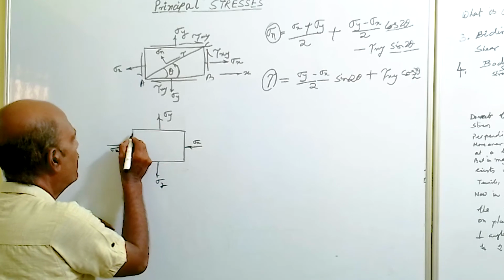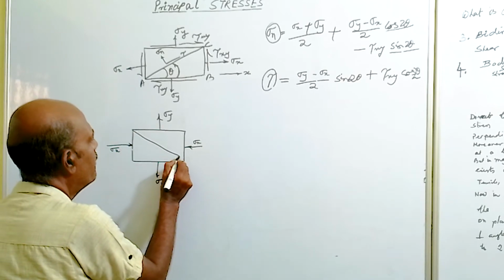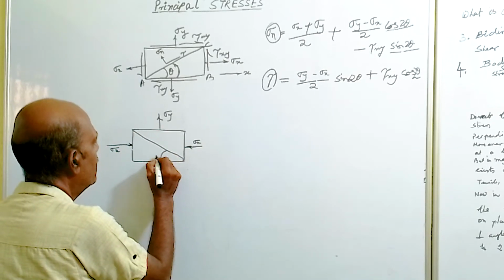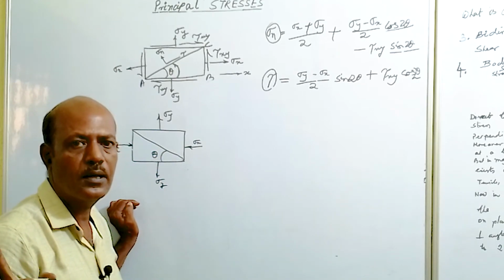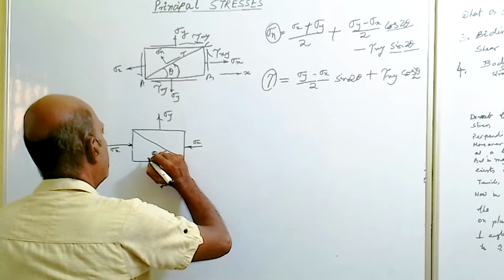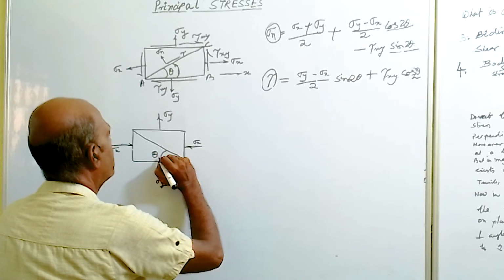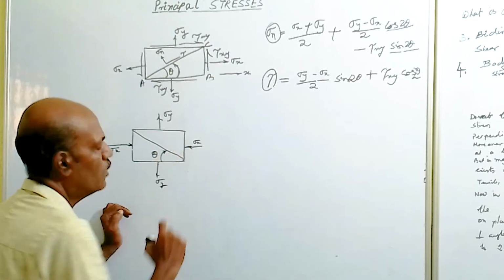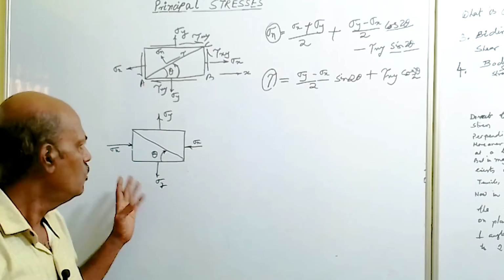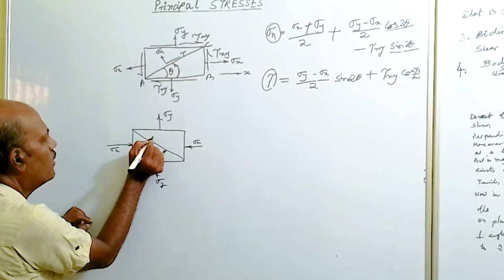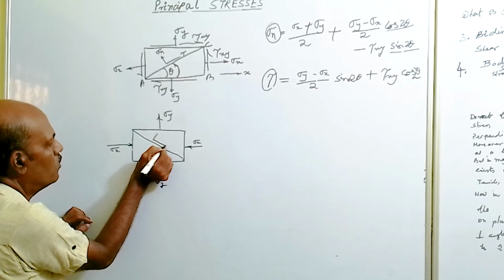And the inclined plane is given as this, that is making theta angle with x direction in clockwise sense. So that means if we measure from x direction to the inclined plane, that angle becomes theta. So for this, what should be the sigma n and tau value?